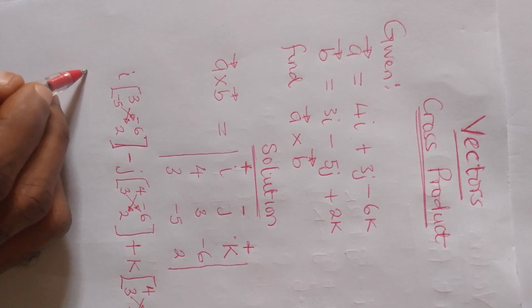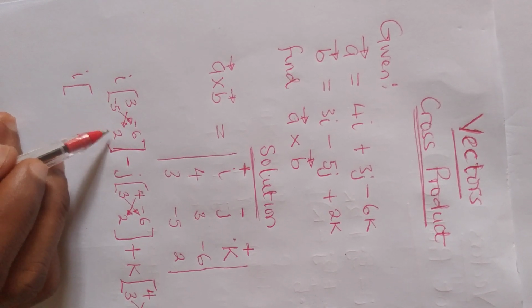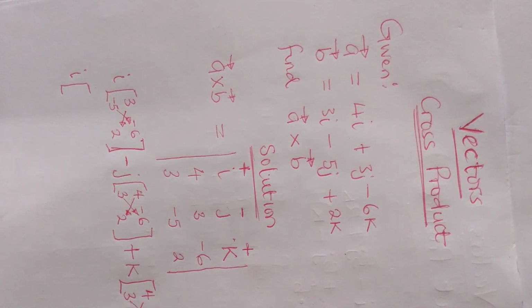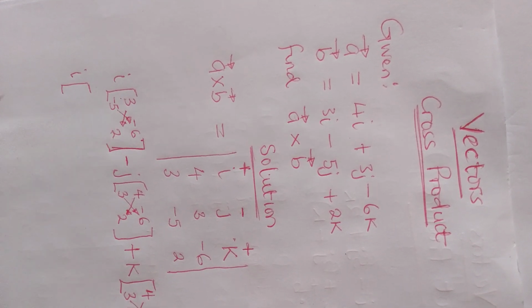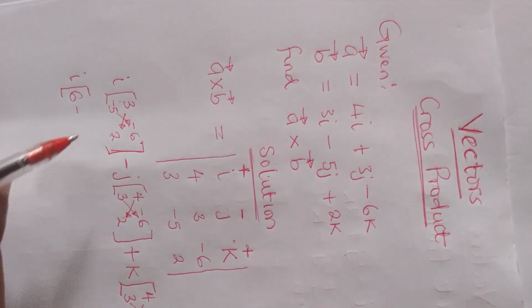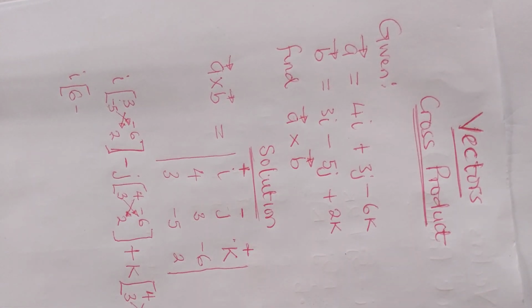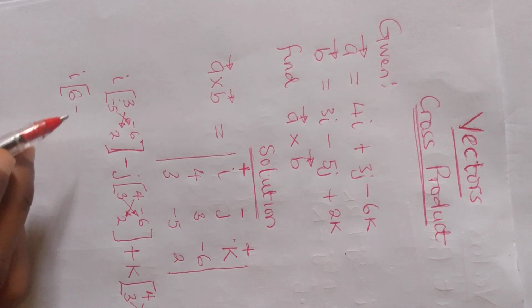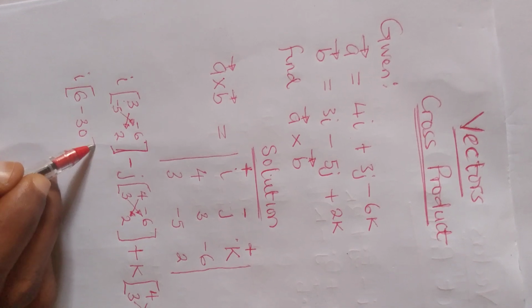So for i, we are going to have 3 times 2, that will give us 6. That is this multiplying this first. Then minus 5 times minus 6 will give us 30. Of course, you know that minus times minus is plus. So we are done with i.